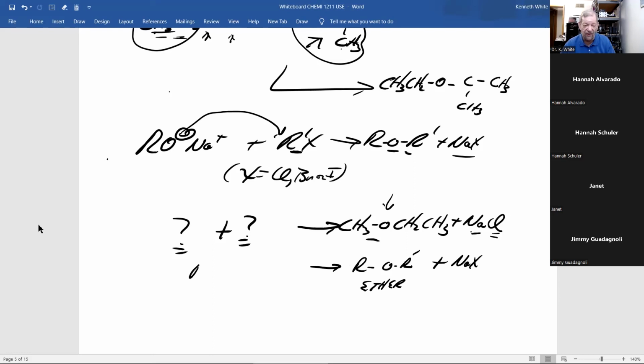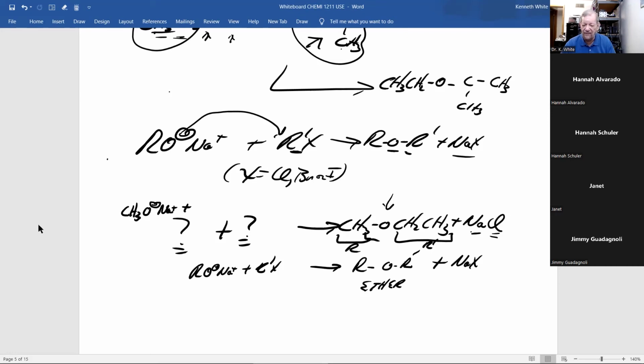We take an alkoxide plus an alkyl halide. And I can say this is R and this is R prime. And if I do that, R is methyl. So I'll have methyl oxygen with a minus charge, sodium cation.